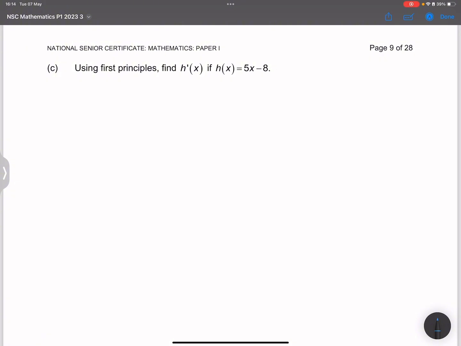So the first thing, we always say h prime x is the limit as h tends to 0 of f of x plus h minus f of x over h. In this case, remember you don't drop the limit until you substitute h is equal to 0.